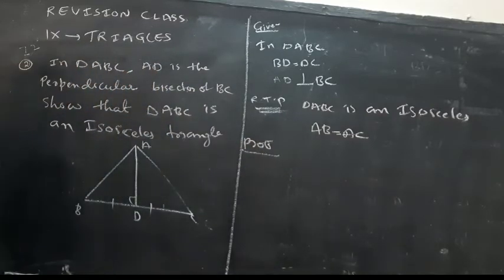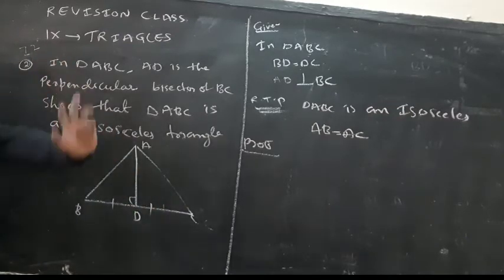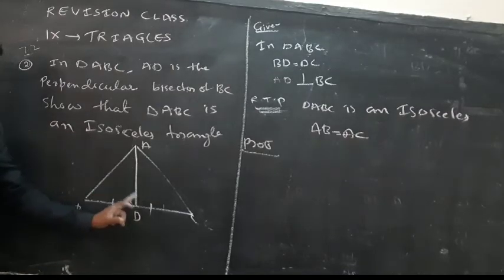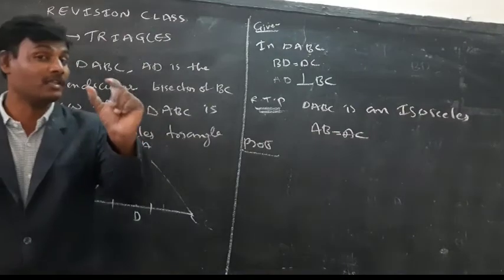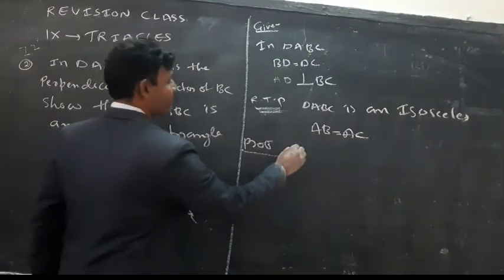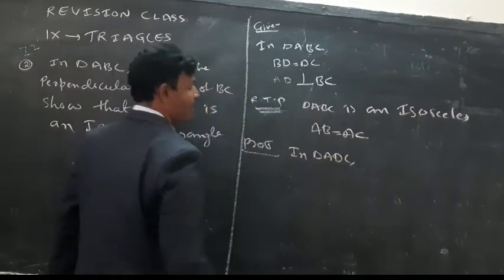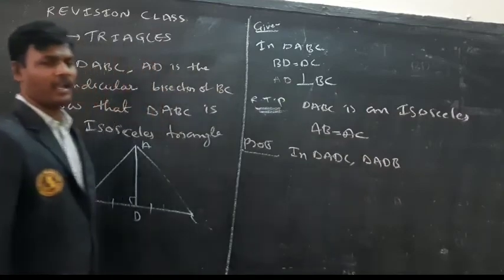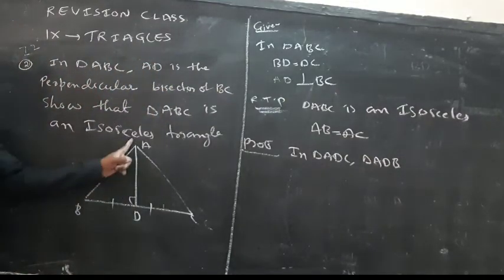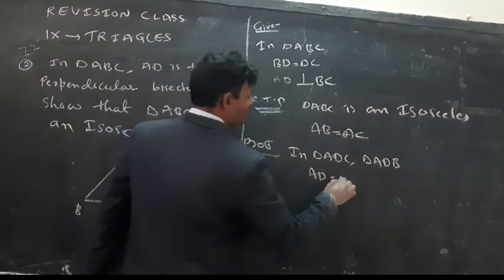Here, how many triangles are formed? ADB is one triangle, and ADC is another triangle. Now I am comparing the two triangles. In triangle ADC and triangle ADB, AD is a common side, AD is equal to AD.